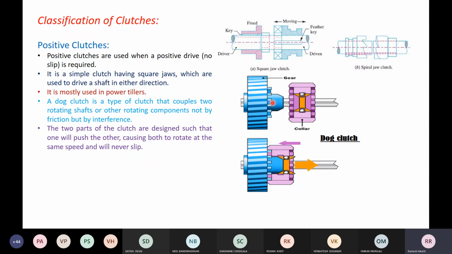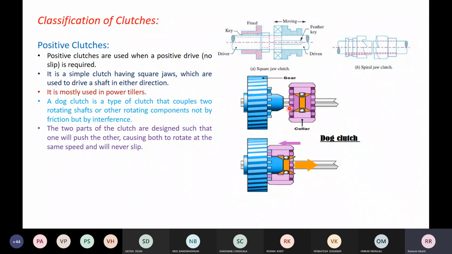Whereas friction clutches use friction to rotate the other shaft, the dog clutch does not use friction; it uses interference.